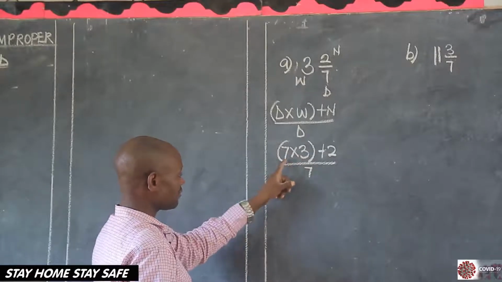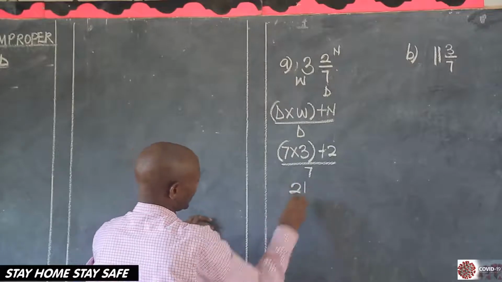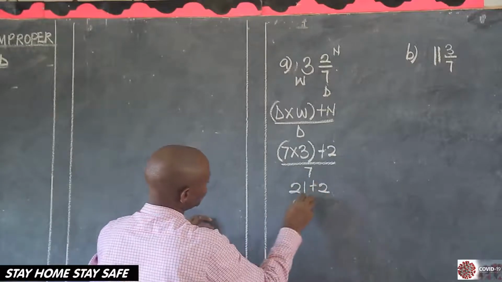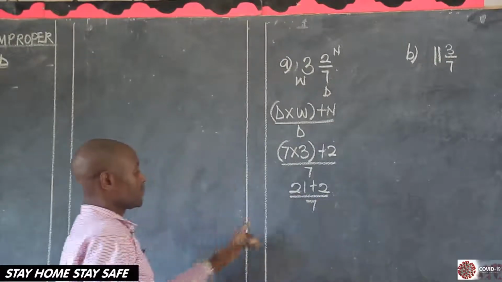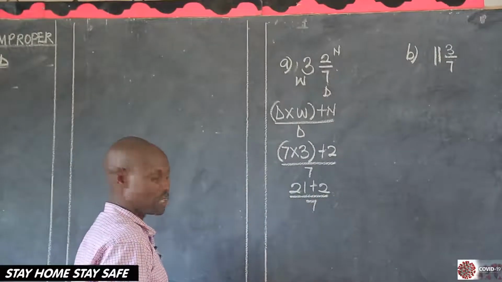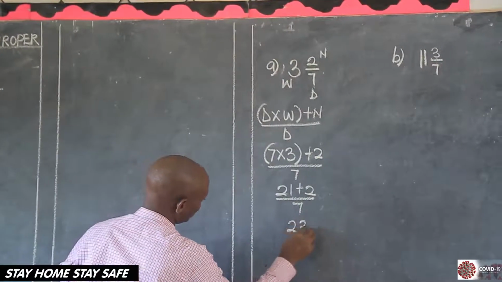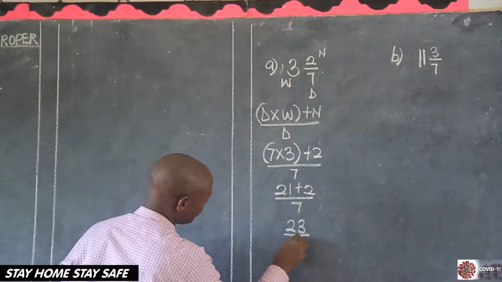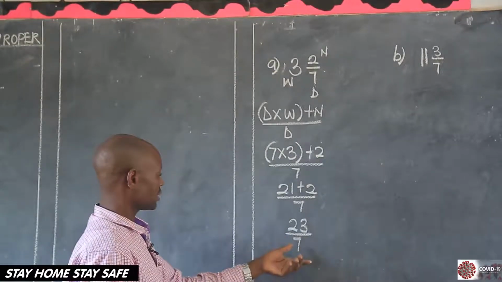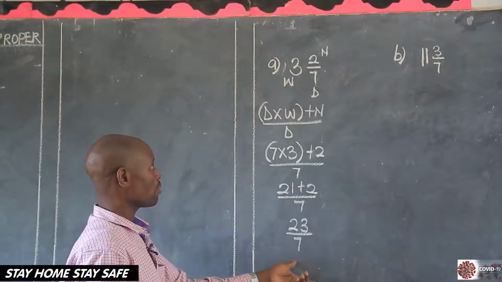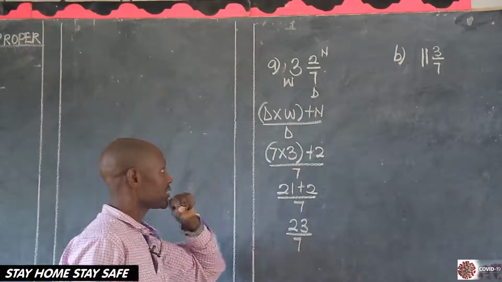So when you add 7 three times, what do you get? You get 21. Then plus 2. Maintain the denominator. 21 plus 2, what do we get? We are going to get 23 out of 7. Therefore, 23 out of 7 is an improper fraction for 3 whole numbers, 2 out of 7.